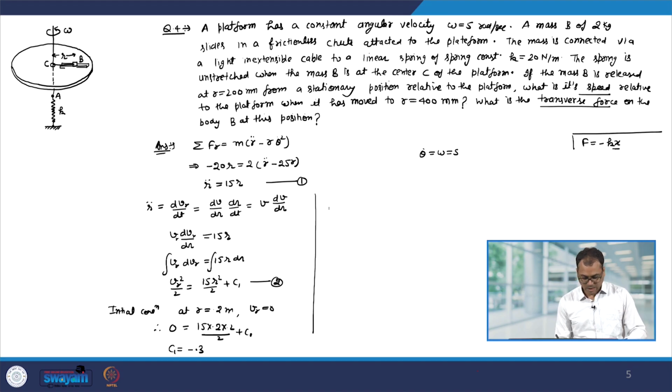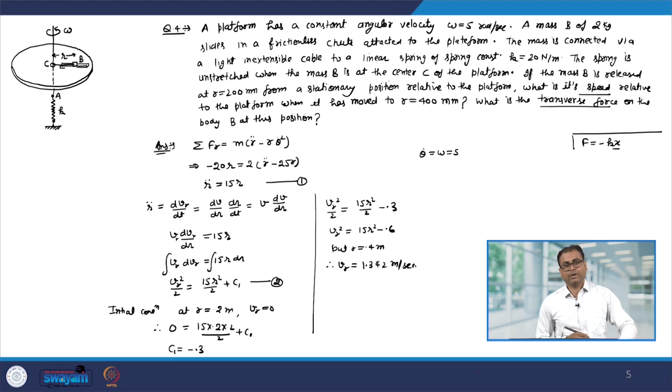So, we have Vr square divided by 2 equal to 15 r square divided by 2 minus 0.3. This I can rewrite as Vr square equal to 15 r square minus 0.6, and let us put r equal to 0.4 meter. So, we get Vr equal to 1.342 meter per second, because we have been asked to find out the velocity at r equal to 0.4 meter.